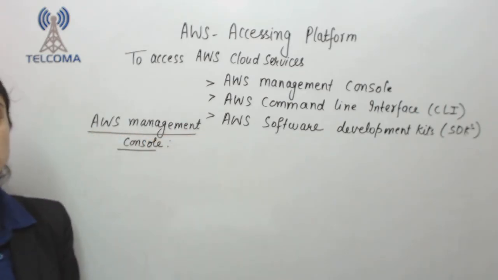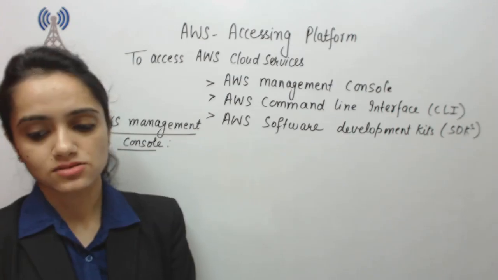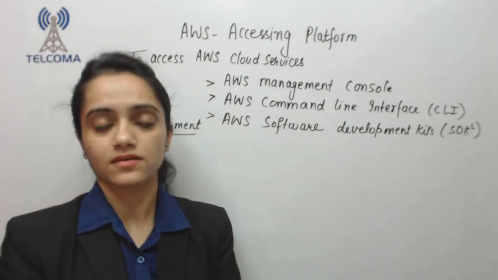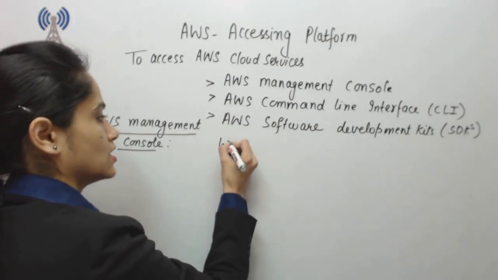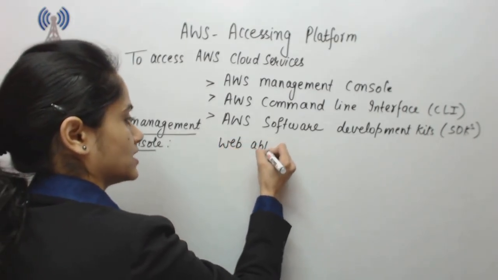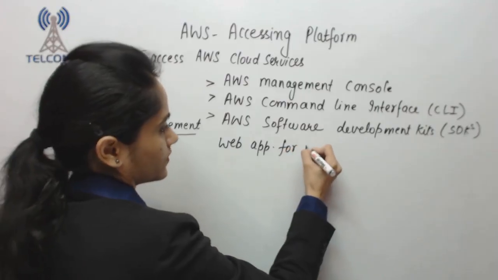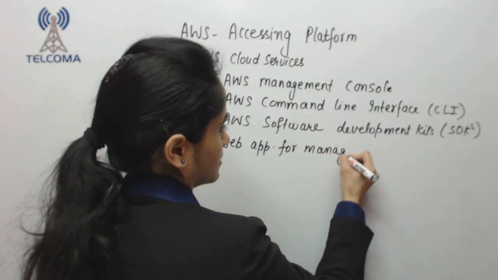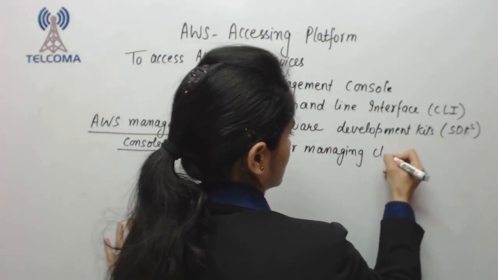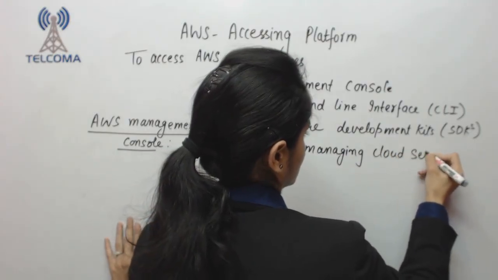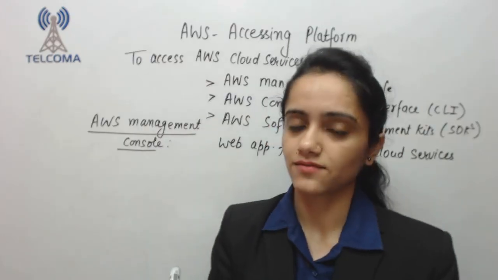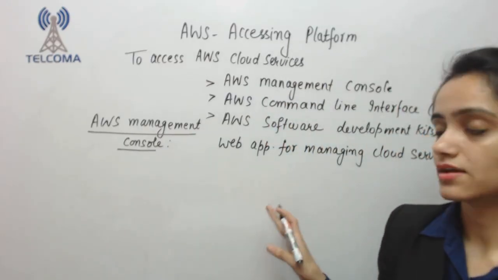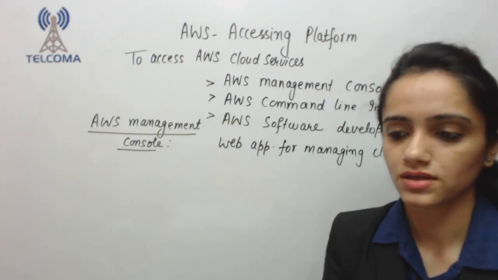AWS Management Console. Now, what is the AWS Management Console? This is basically a web application for managing AWS cloud services. So the Management Console is a web application which is there for managing various cloud services.